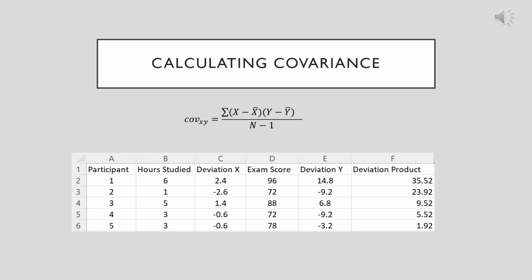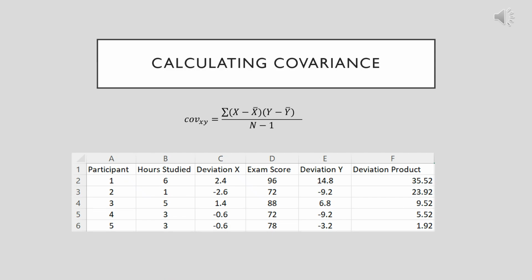But that's not all we need to do. We don't just need to find all the deviation scores. We need to multiply those deviation scores. You can see that in the covariance equation, x minus x bar times y minus y bar. That is going to be called the deviation product for each individual. You take their hours of study minus the mean and their exam score minus the mean exam score, and now you multiply those two things.